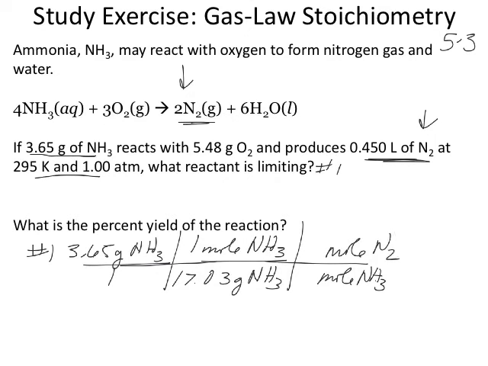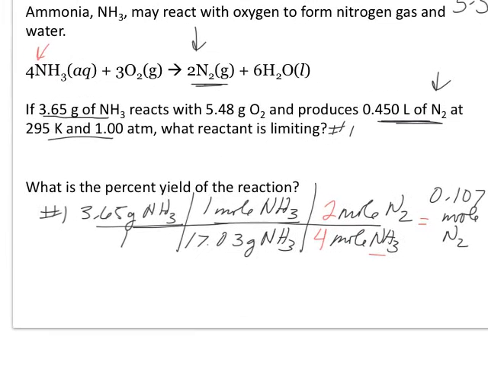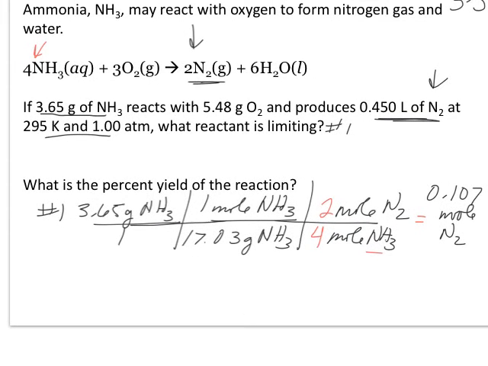That's our product. And what are our coefficients? This is a 4. So 4 goes with ammonia. And this is a 2. And the 2 is going to go with the nitrogen. And that works out to be 0.107 mole of nitrogen.